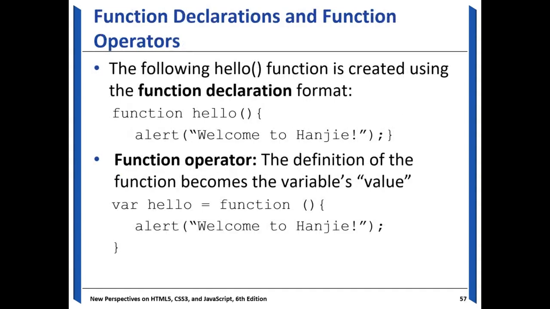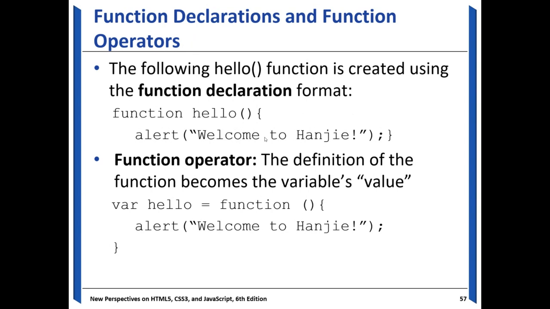We're going to look at function declarations and function operators. So we've got a hello function, and we're going to create this using the function declaration format. In this we use the keyword function, and then we name it hello. Inside this we're going to put the alert, Welcome to Hanji.